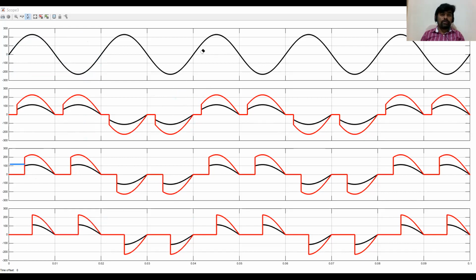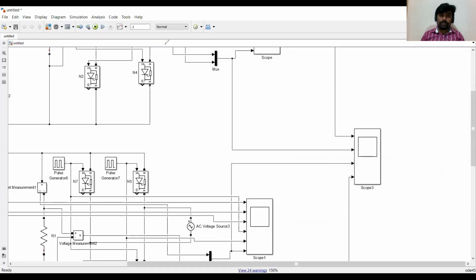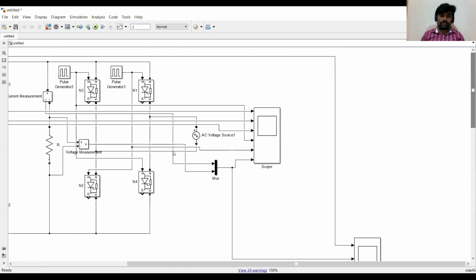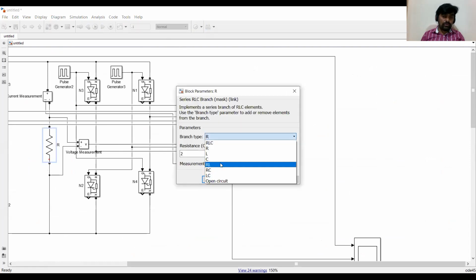Now, if I replace the load with the resistive inductive load, then I can see the current wave shape will lag the voltage wave shape by some angle, right? So let me replace the load with RL load now.